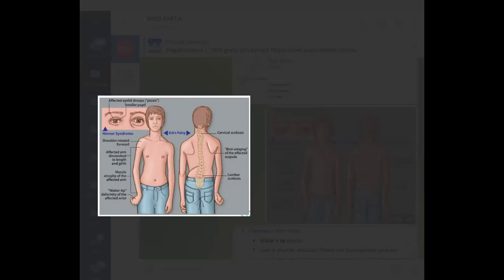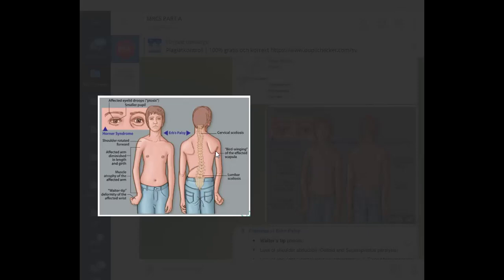There is also one more point to note. It is called waiter's tip appearance or deformity of the affected wrist. Another thing you can see is cervical scoliosis and lumbar scoliosis.